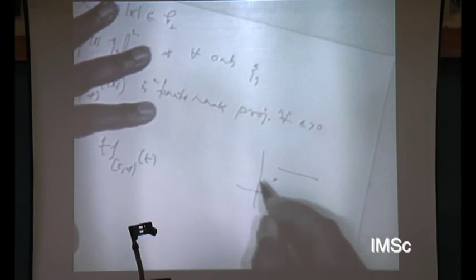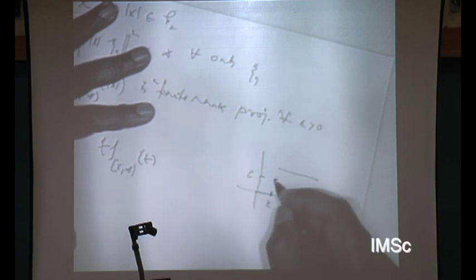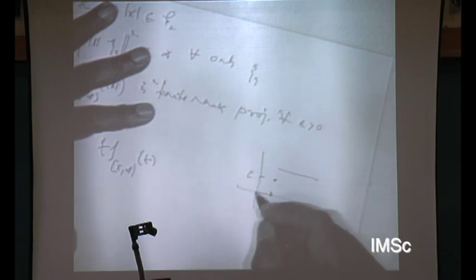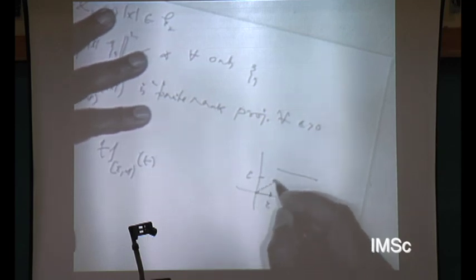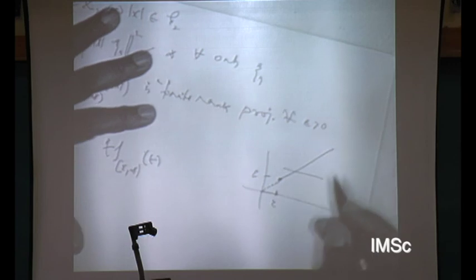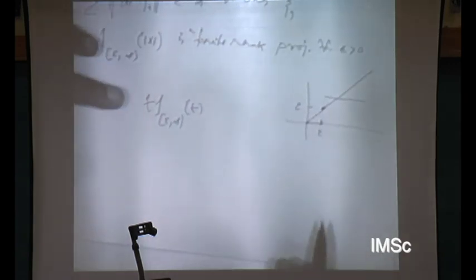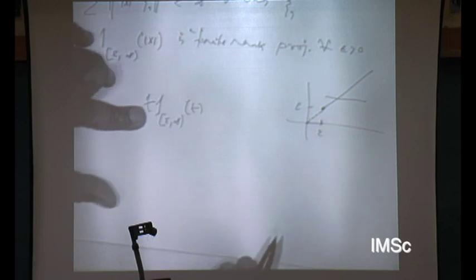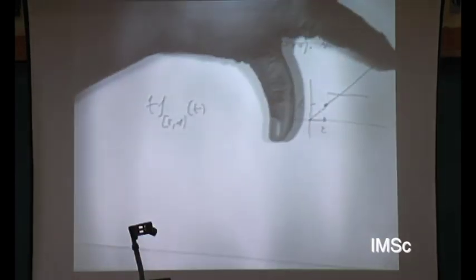So this is epsilon. The function f of t equals t looks like this. You just cut it down in the first part. So this is the function which is 0 before epsilon. After epsilon it is t.